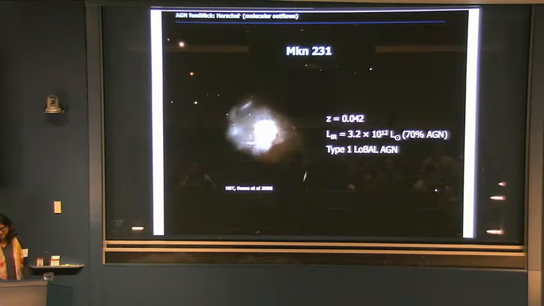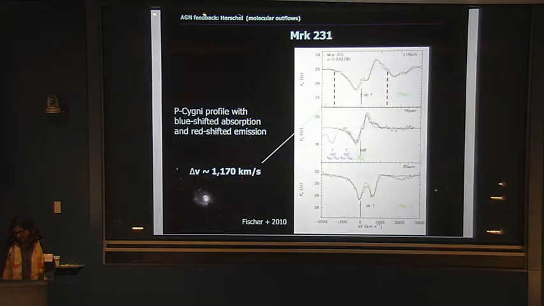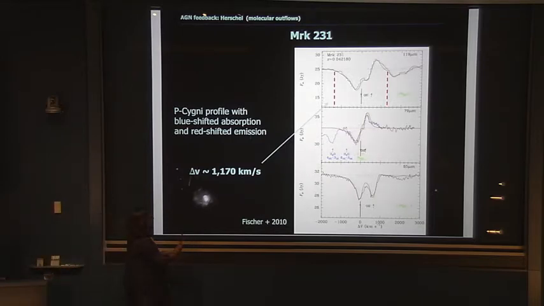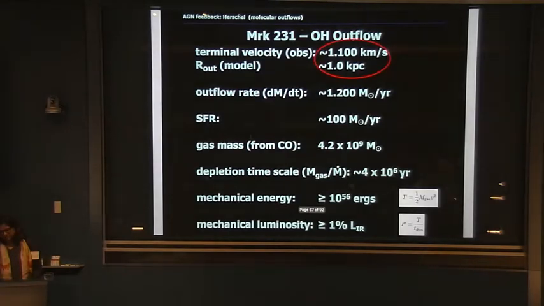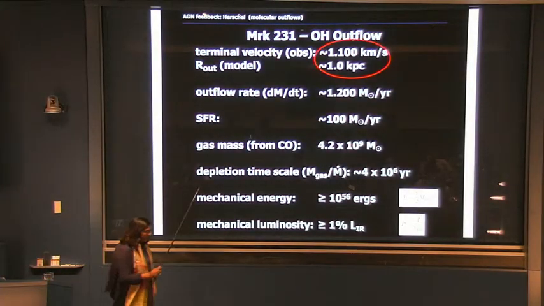Then we have some of these Markarian objects where we also see and measure outflows. Here, the velocity of the outflow is inferred to be 1,000-ish kilometers per second, and this is the kind of number that we can plausibly explain with this model. This is work that Contursi and others have done.